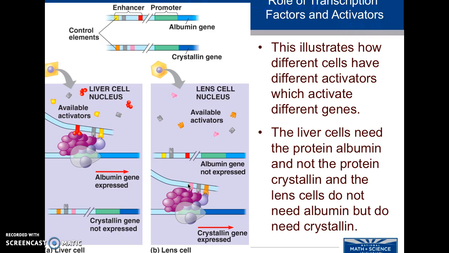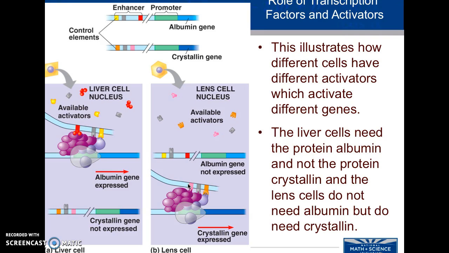Another role of transcription factors or activators, this very far upstream sequence of DNA: different cells have different activators which activate different genes. It's super variable, and there's not exactly one rule to describe what happens. In the liver, these liver cells need the protein albumin and not the protein crystallin, and lens cells do not need albumin, but they do need crystallin.